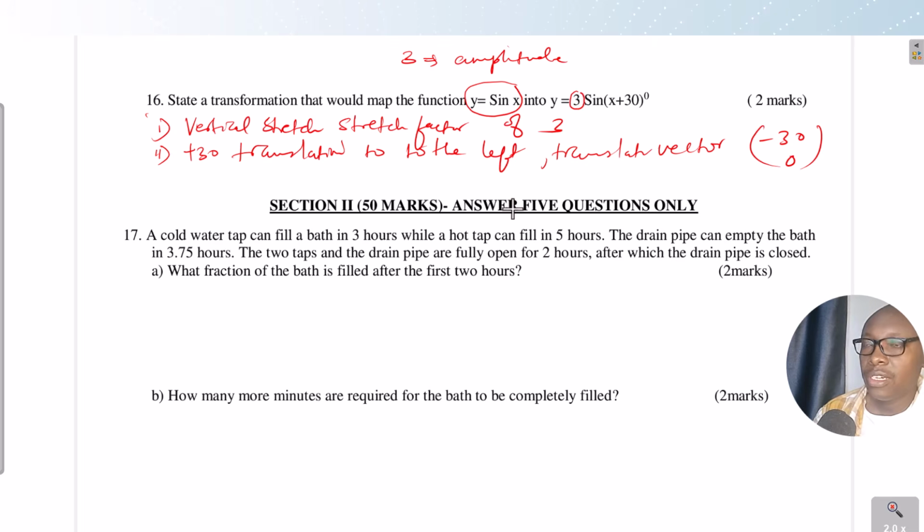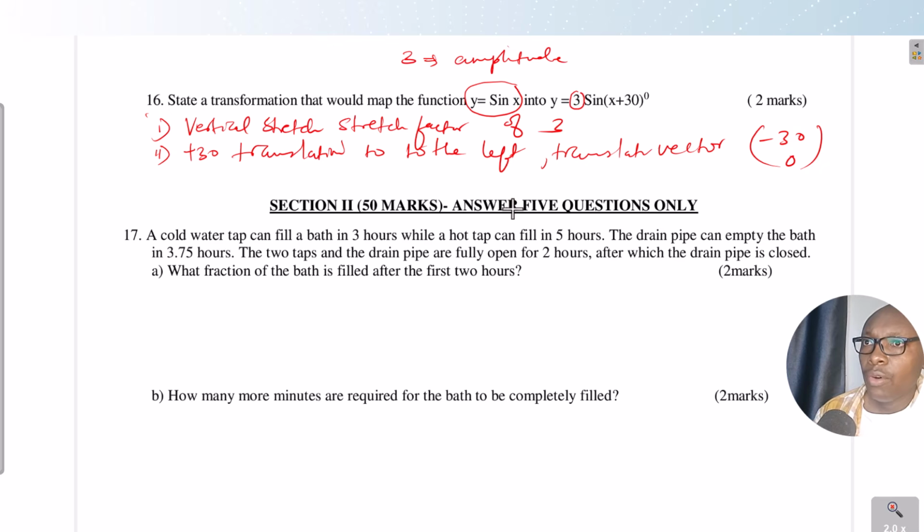If you are to sketch that graph, you'd see that the amplitude, which is 3, is a stretch. That means y equals sine x has been stretched by 3 units. We give only positive values for the stretch, for the amplitude.